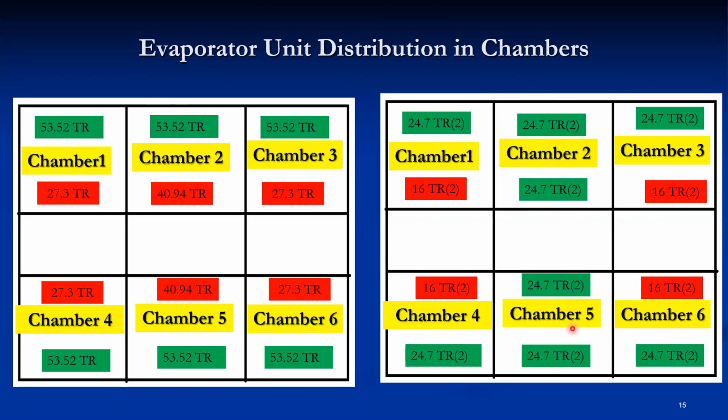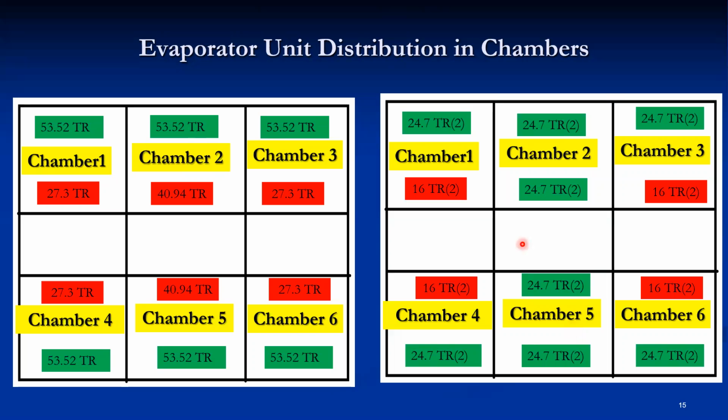So instead of choosing multiple models, only 2 models are selected here. So we have slightly compromised on the load. Slightly oversized evaporators are selected for chambers 2 and 5, but that is not an issue because we can meet the requirement by controlling the refrigerant flow as well.